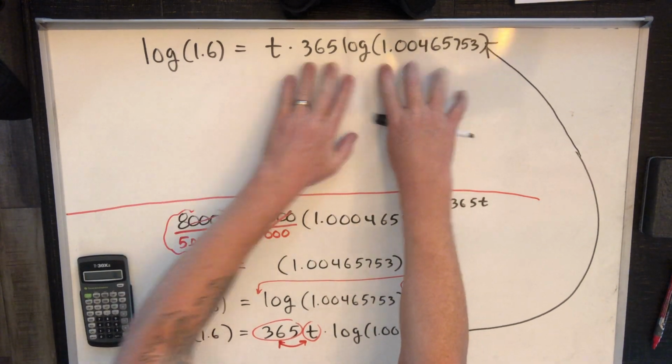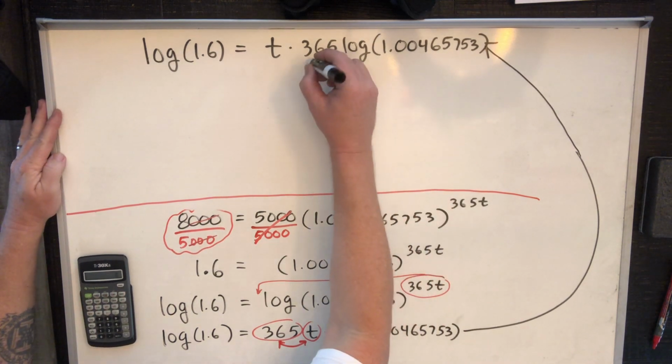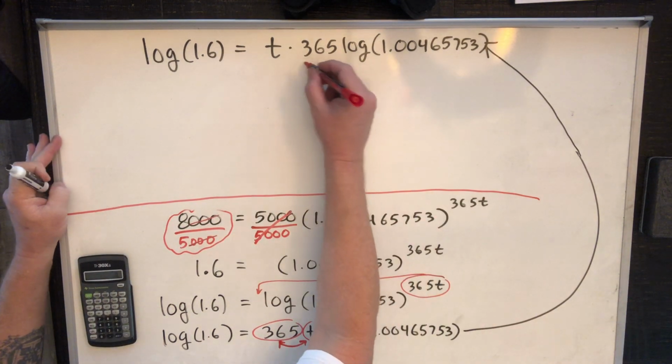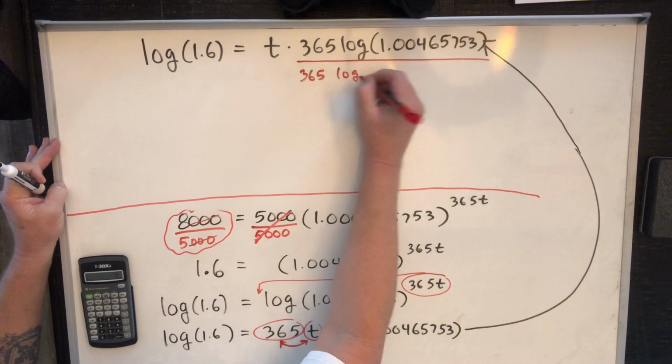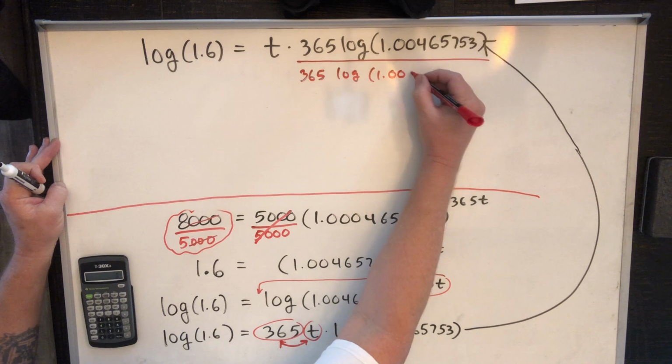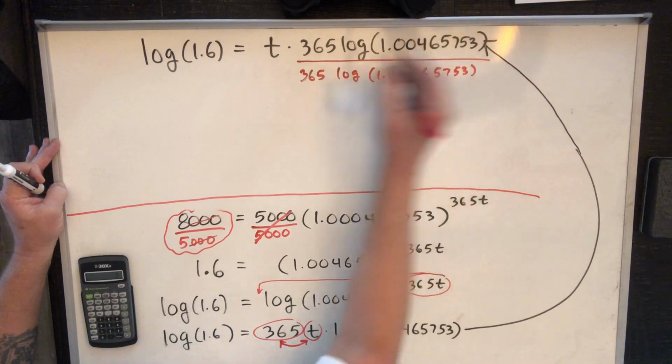So this is the constant, this is the variable. I didn't like having my variable sort of hiding inside the constant. So now I've only got one more step, and that's to divide both sides by 365 log of 1.0046573.